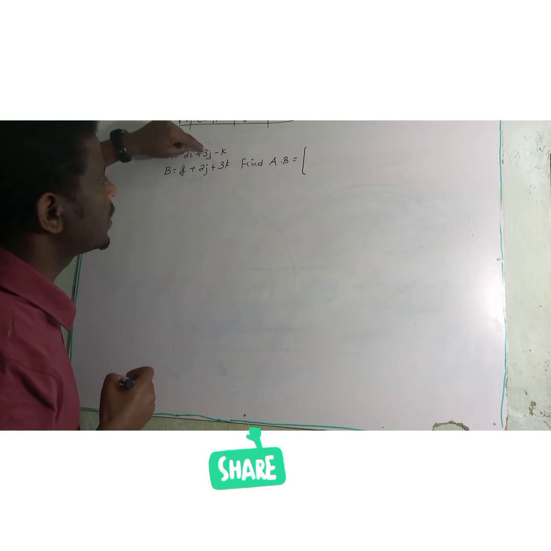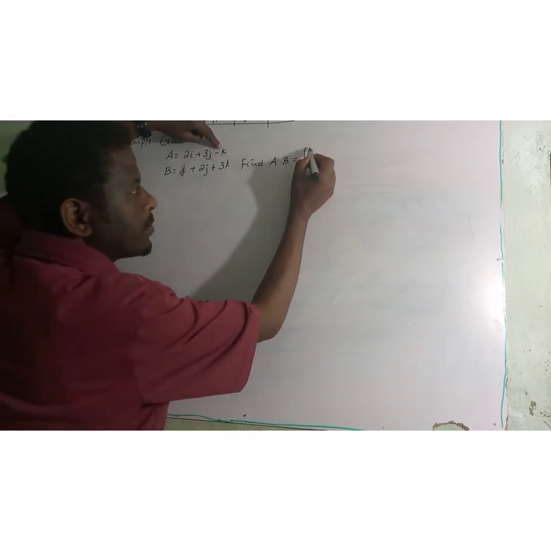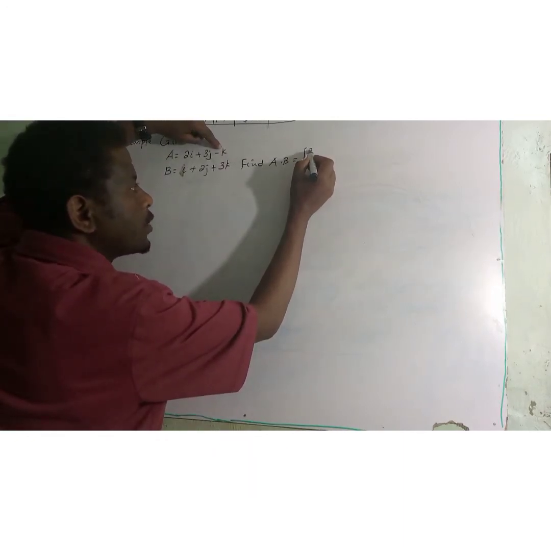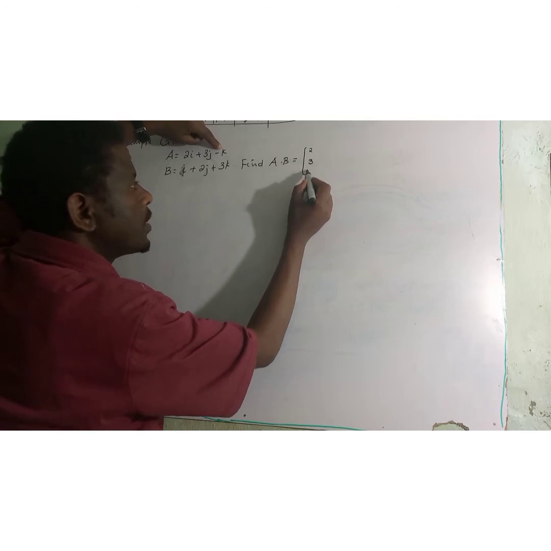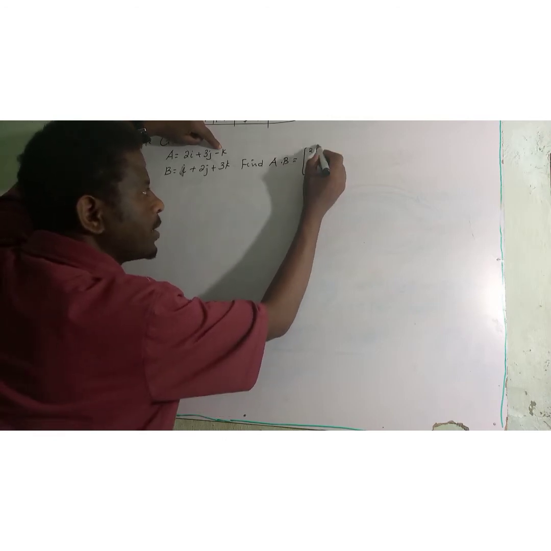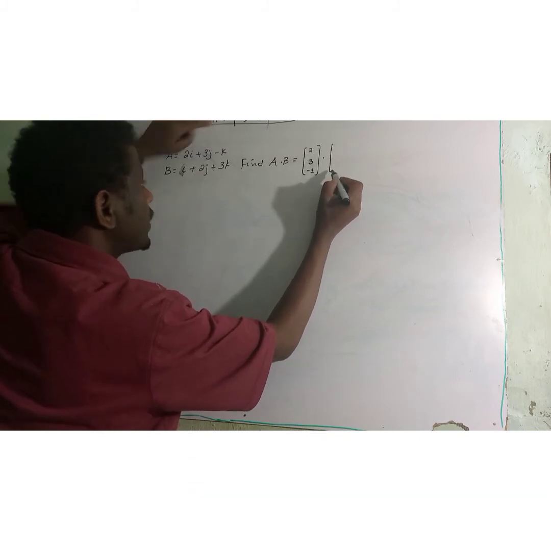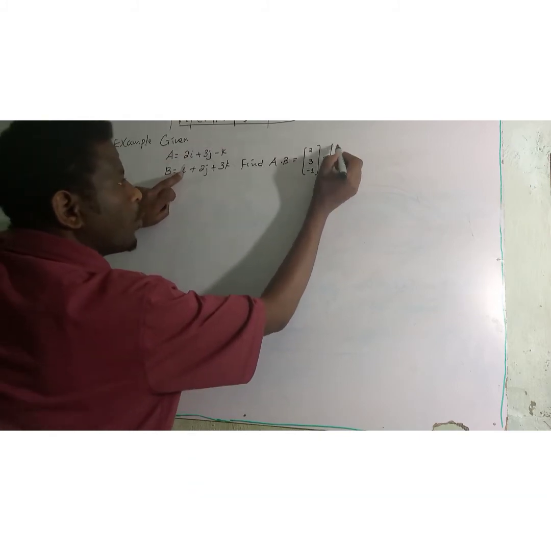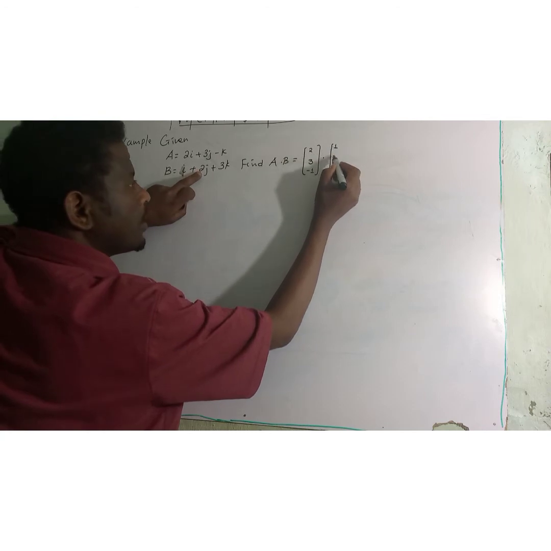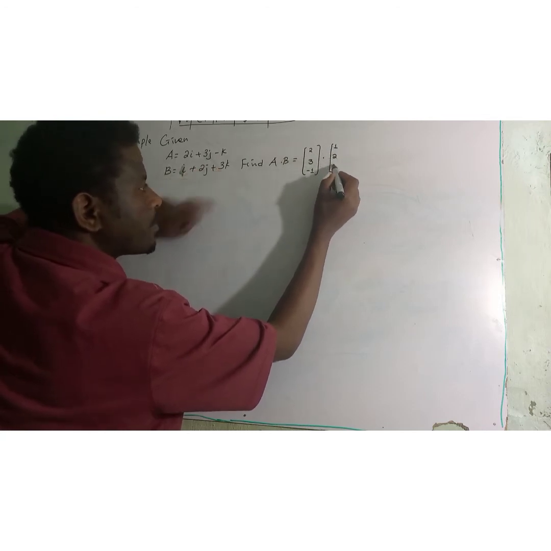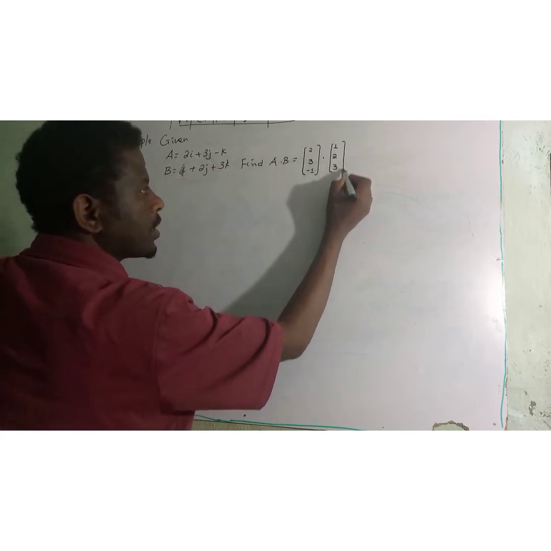From the definition, A dot B equals the components of vector A, 2, 3, and minus 1, dot with the components of vector B, which is i, 1, j, which is 2, k, which is 3.